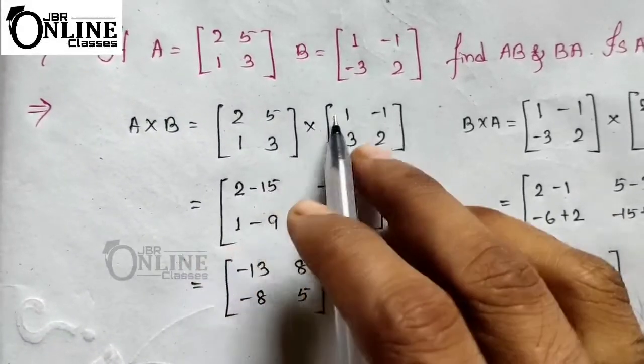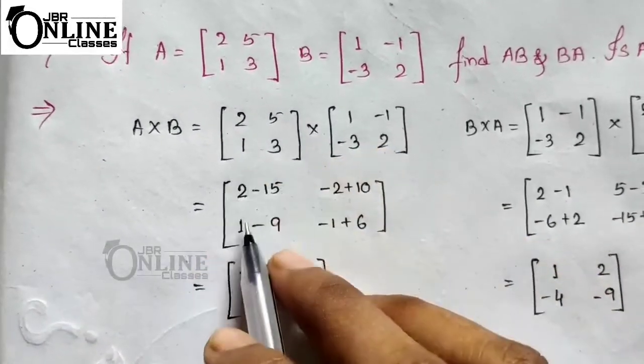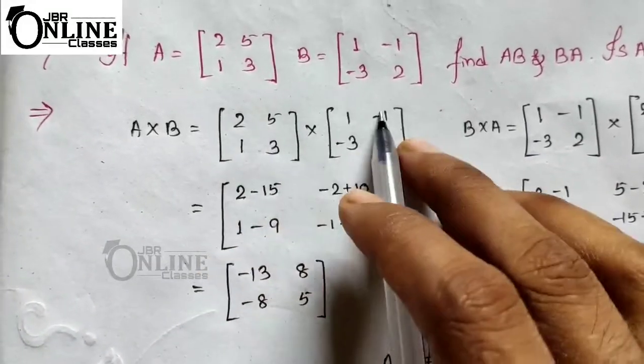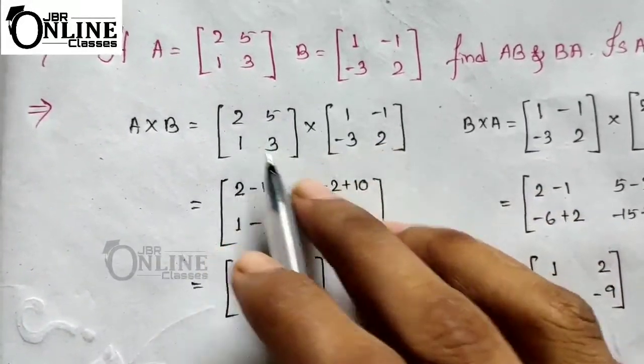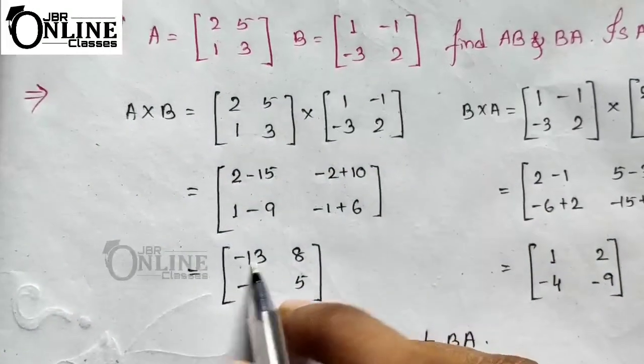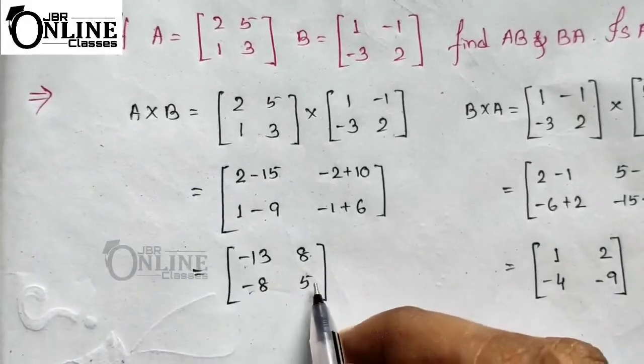Next second row first column: 1 into 1 and minus 3 into 3 is minus 9. Now second row second column: minus 1 into 1 is minus 1 and 3 into 2 is 6. So it becomes [-13 8; -8 5].